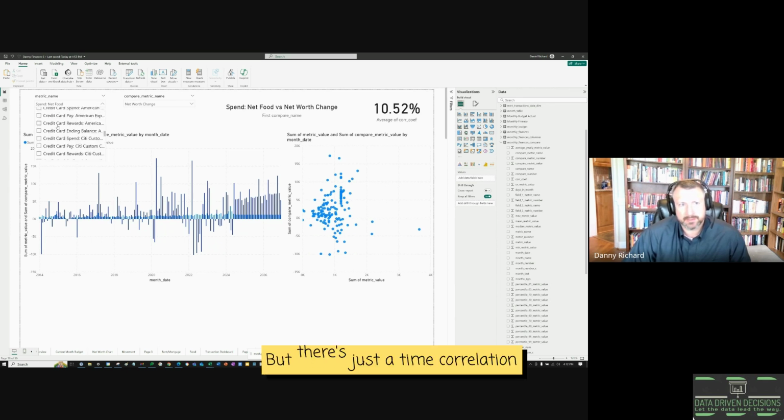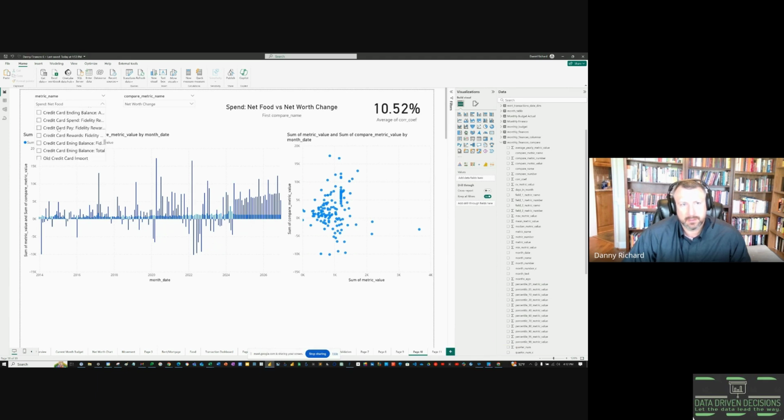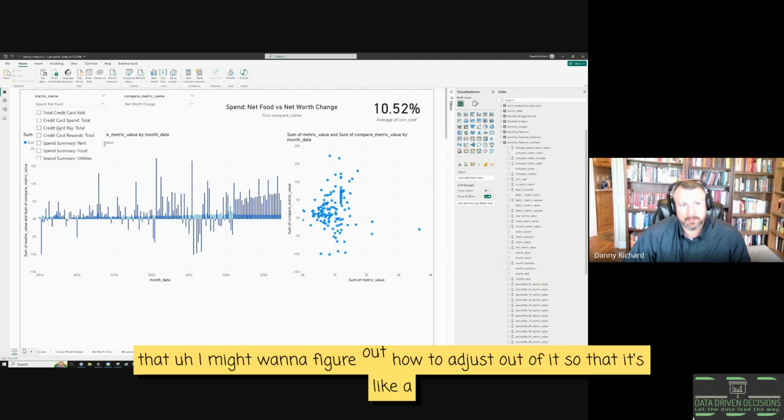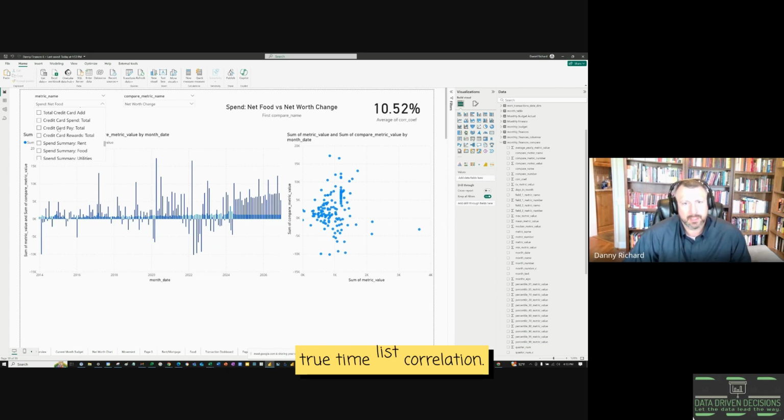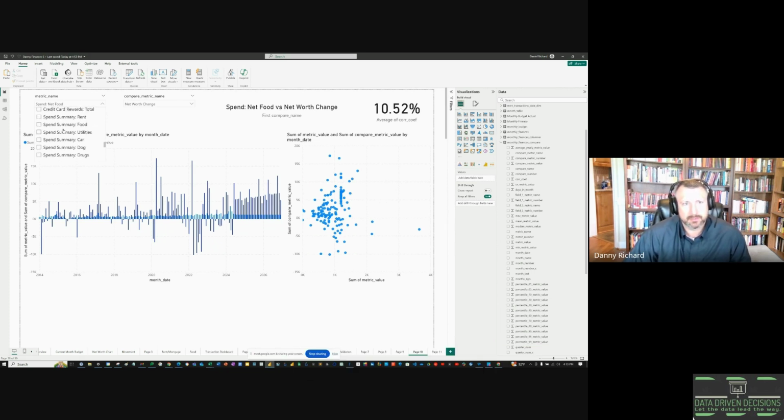So there's just a time correlation that I might want to figure out how to adjust out of it so that it's like a true timeless correlation. Take out the time variation.